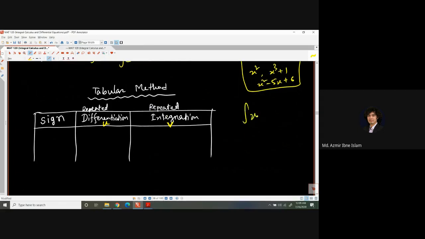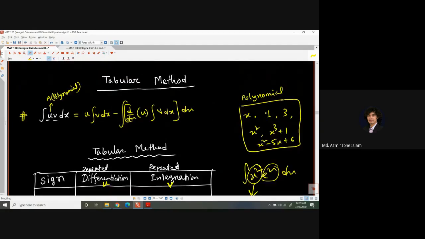Suppose we have the integral of x squared e to the power x. That means here we have a polynomial function and an exponential function. Since we have a polynomial function, we can solve this by the integration by parts technique, or we can also solve it by the tabular method.